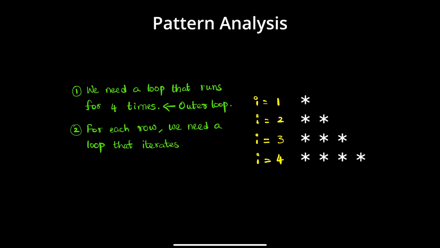For each row, we need a loop that runs for i number of times, because there are i number of stars in each row. So in summary, we need an outer loop for iterating over rows, where we get access to the row number in i. In the inner loop, we have to iterate for i number of times and print a star symbol in each iteration. Let us start writing the Python program.